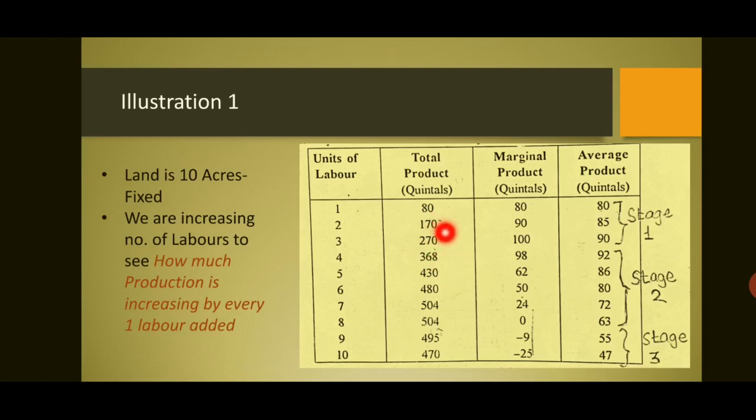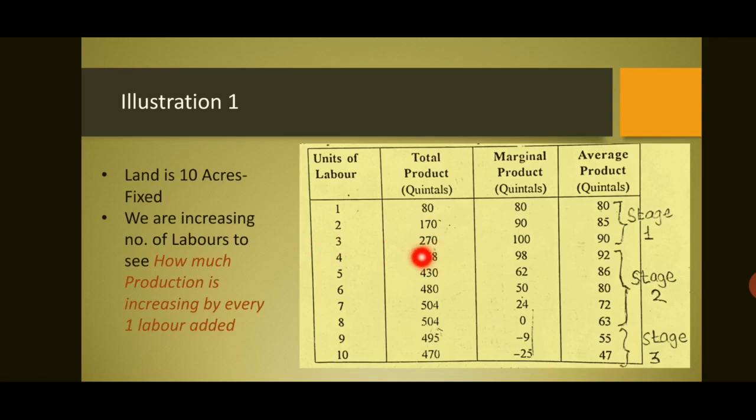Marginal product is the difference between these two. That is 270 minus 170. That is how much total production is increased by every one labor added. So when we increased from 2 labors to 3 labors by adding 1 labor, how much total product do we get.